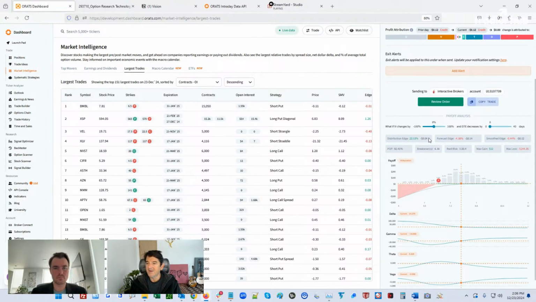So we have a distribution edge of 22%. We only think that's worth 4 cents. The distribution is something that we make using actual Bumble stock moves historically, and we put them in buckets, and then we count what percent that is, and then we see what the profit is at each bucket, and we calculate an expected return, which is the percentages times the profit at each node.